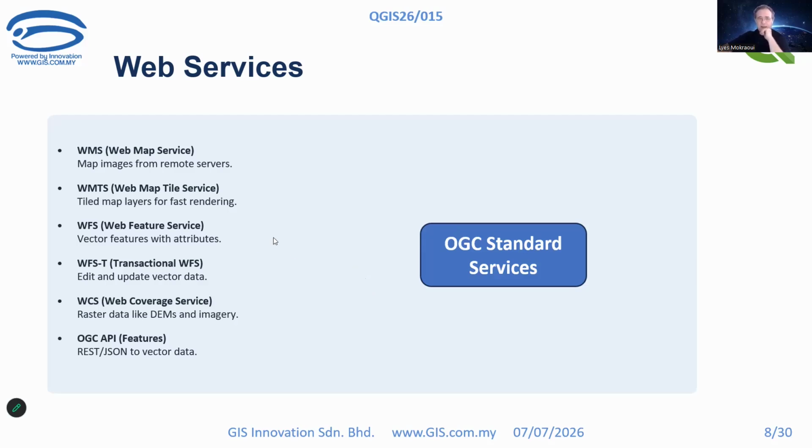WMTS is the same as WMS, but for faster rendering. There are some limitations, and it is very useful to have as a background map if you have more data. Okay, WFS.